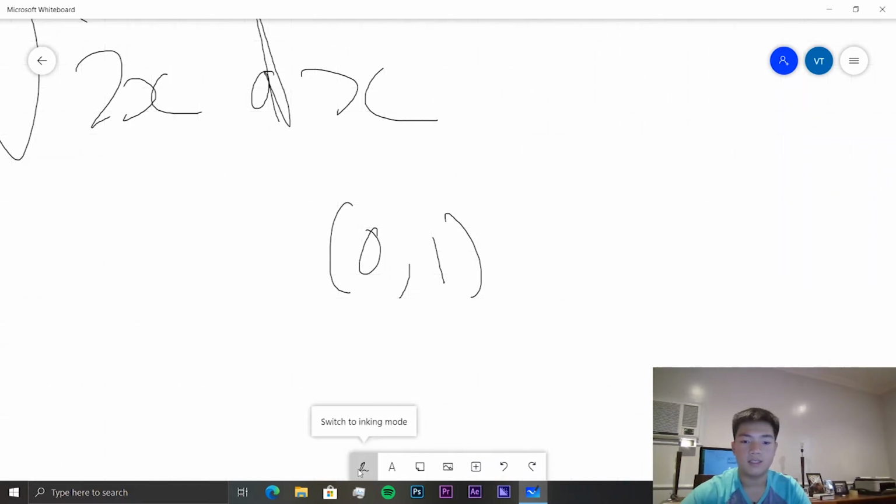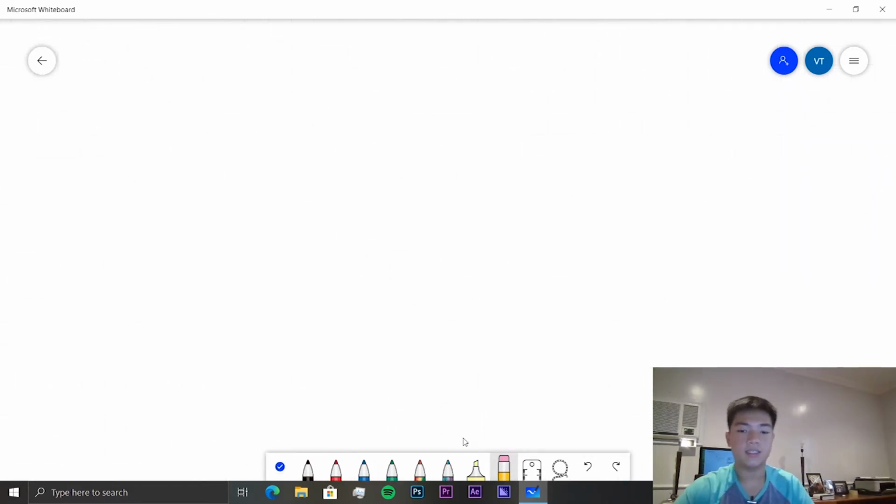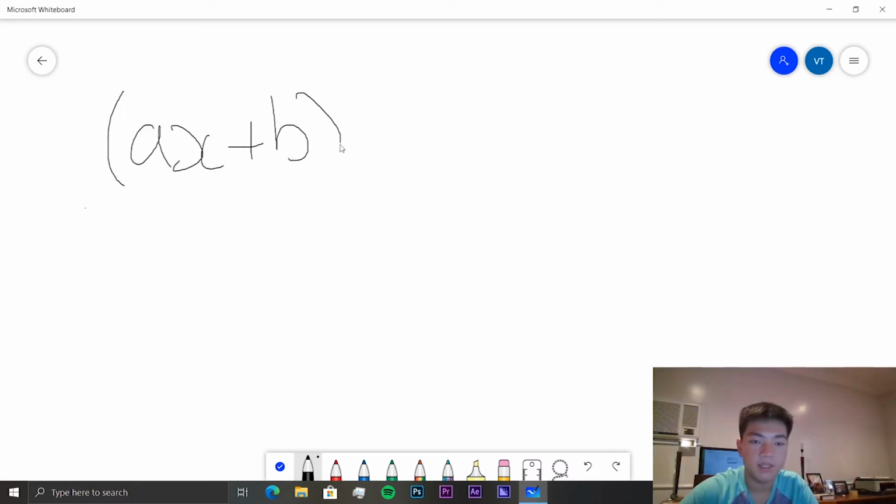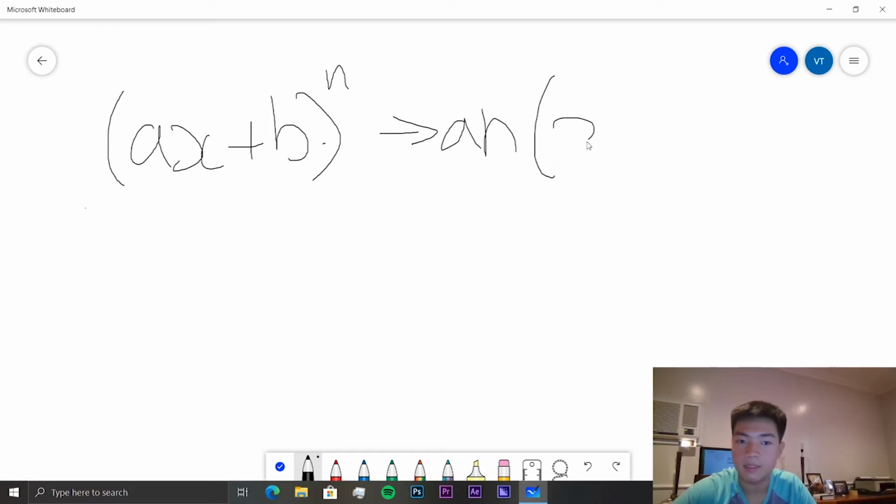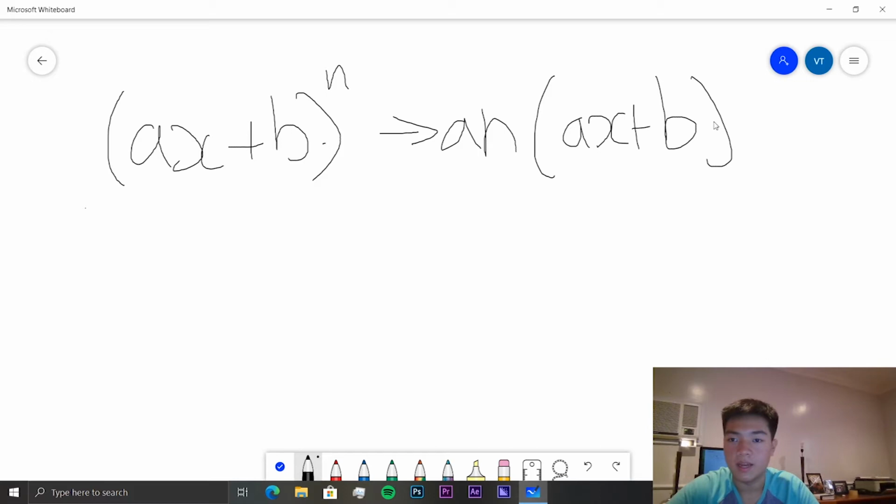So the next thing we need to cover is reverse chain rule in a sense. If you remember, if we differentiate something like (ax + b) to the power of n, we will get n times a times (ax + b) to the n minus 1.